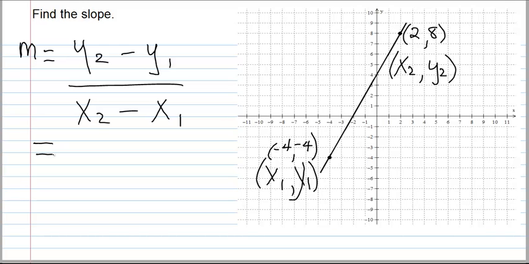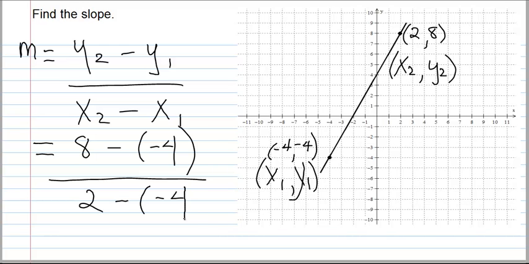To find out what the rise is, we take the second y, 8, subtract the first y, -4, divide that, or make a ratio of the difference in the x's, second x minus the first x, 2 minus -4. Pay close attention to your signs.